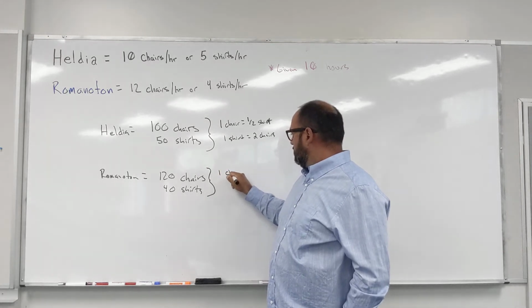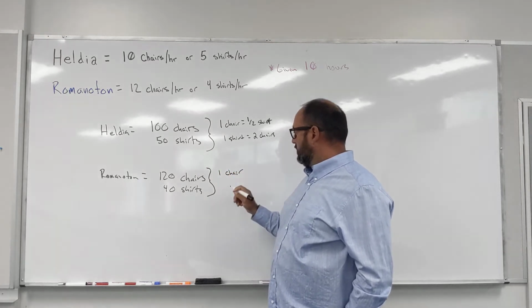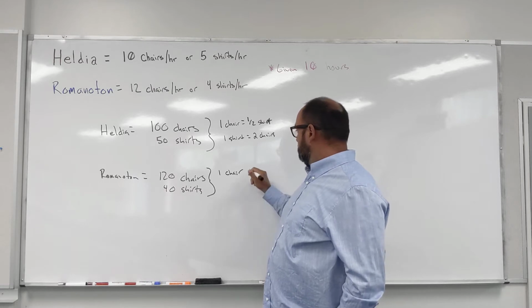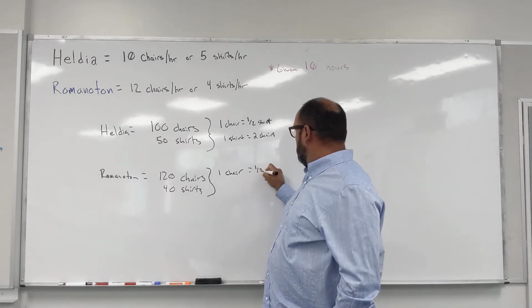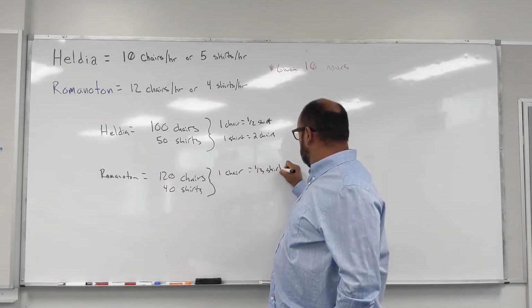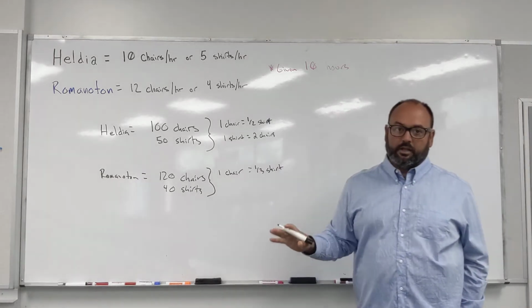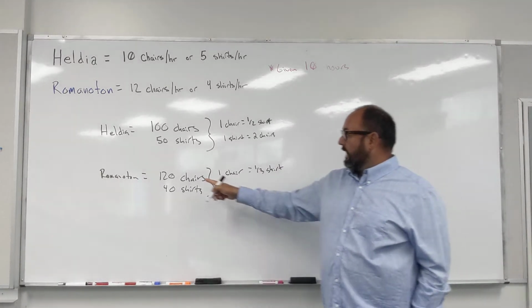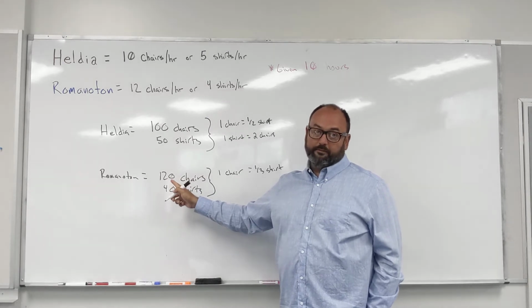For Romanoton, one chair is equal to a third of a shirt. For those of you that aren't following, how do you convert 120 to 1?